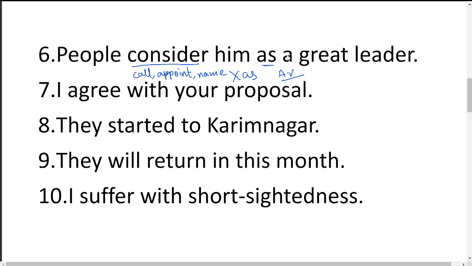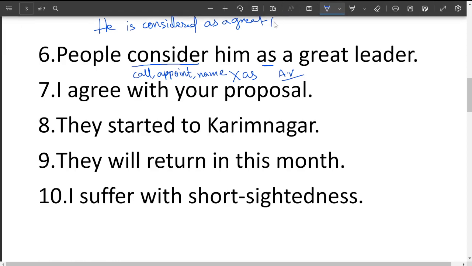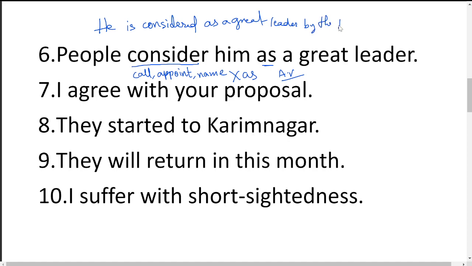That's it. If at all passive voice is given, for example, he is considered as a great hero or great leader by the people.